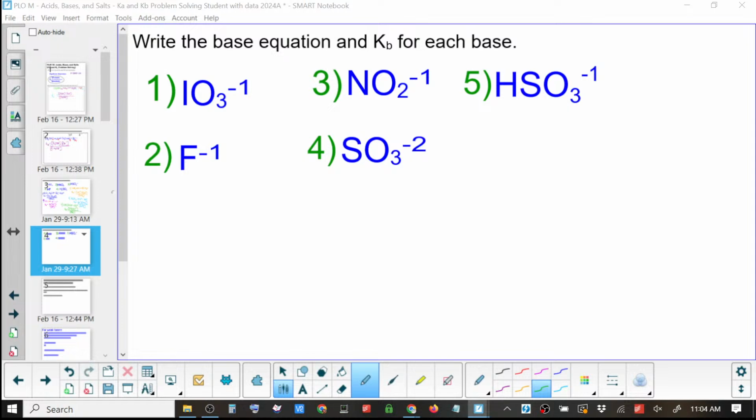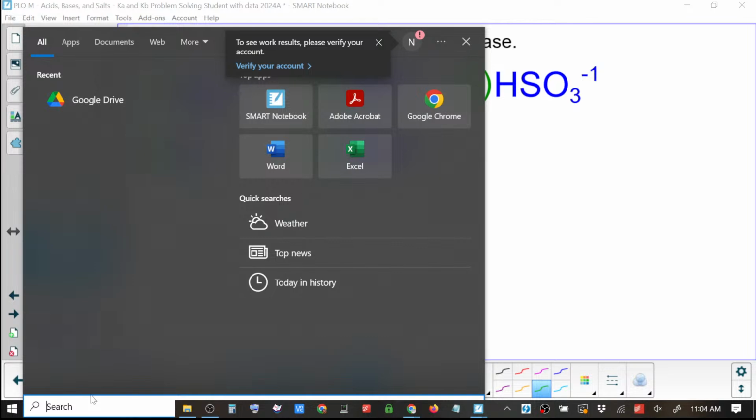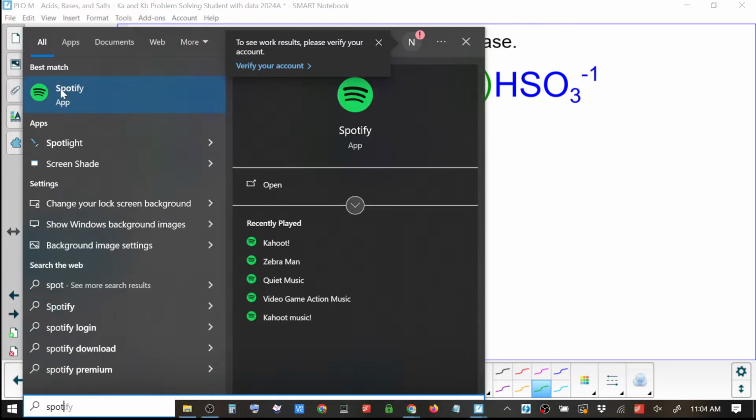And what you can't read. It's so much fun writing Kas and Kbs. We love it. This is so monotonous. No, it's fun. Here. I'll make it more fun. Wait, don't look over IO3.